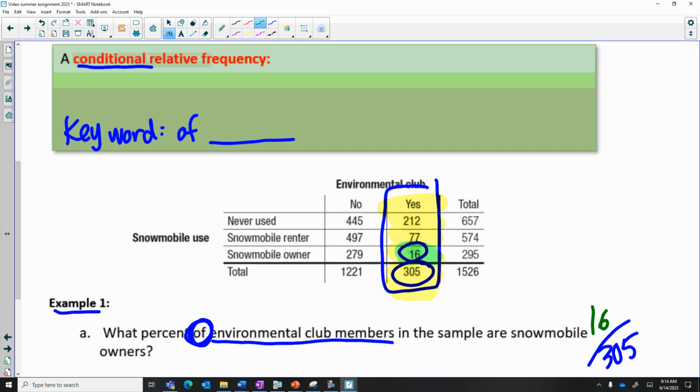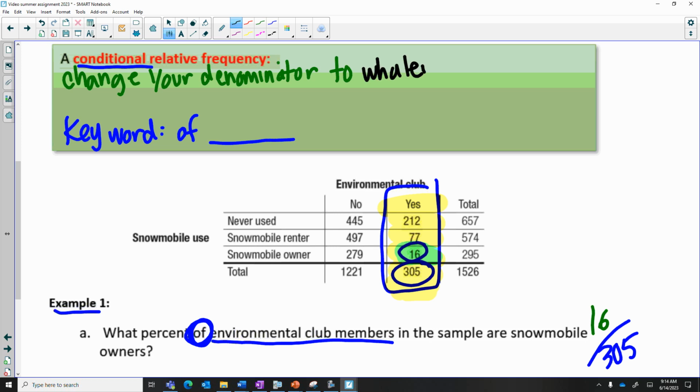So the conditional relative frequency is saying that you're going to change your denominator of your fraction or your pool of people that you're taking out of to whatever comes after that keyword.